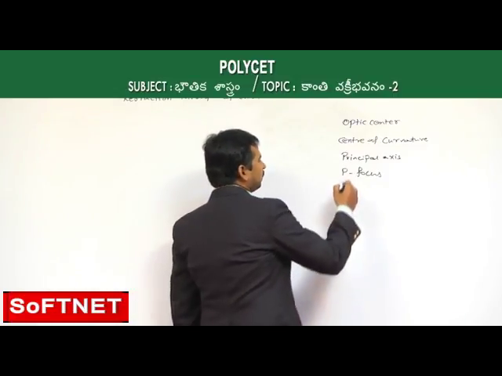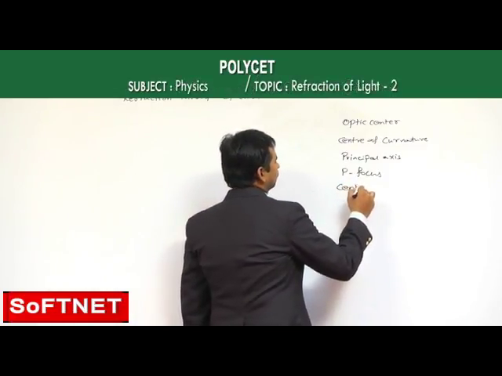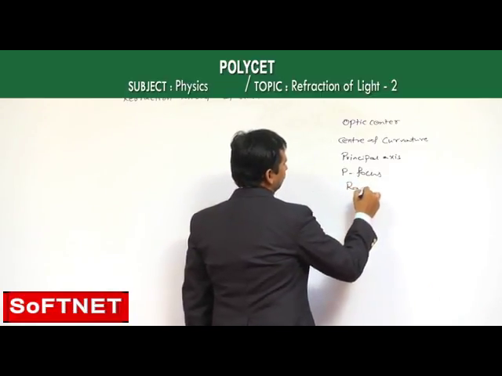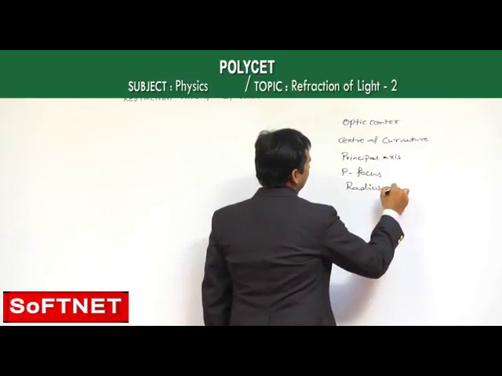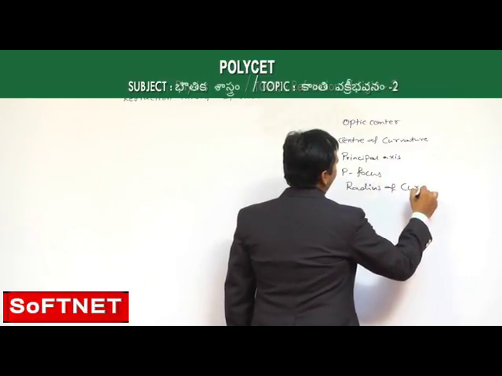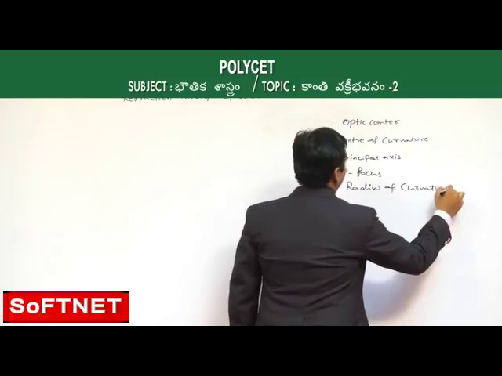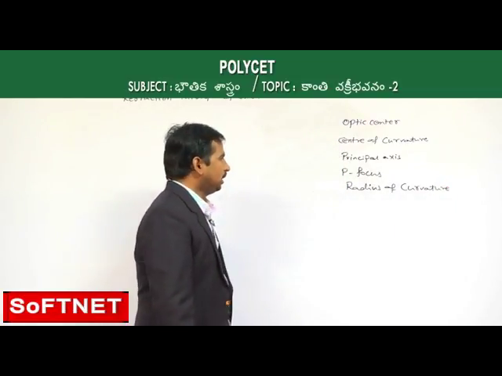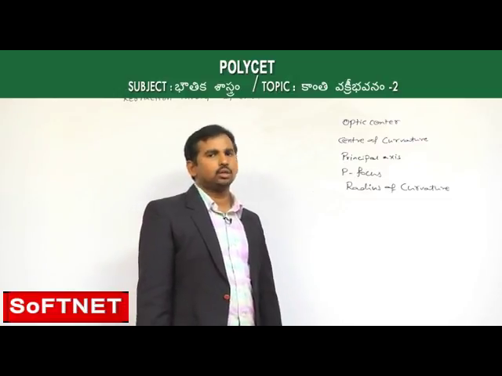Okay, and after that we have radius of curvature. Radius of curvature is nothing but the distance between the center of curvature and the optic center.